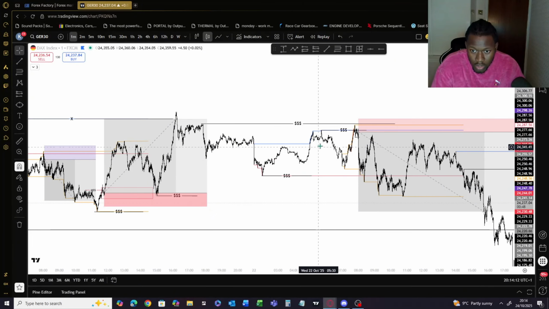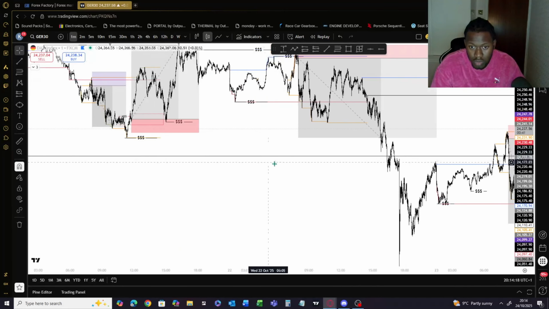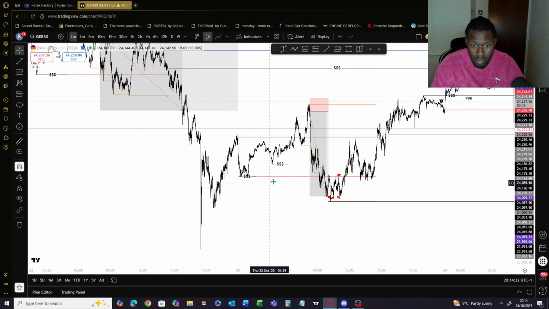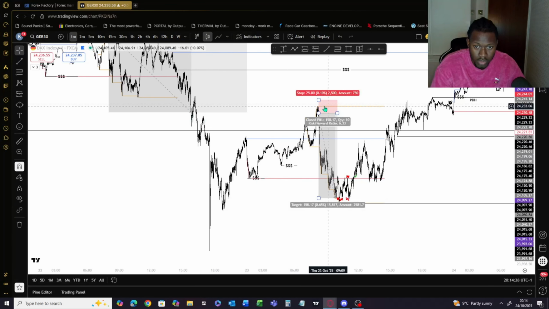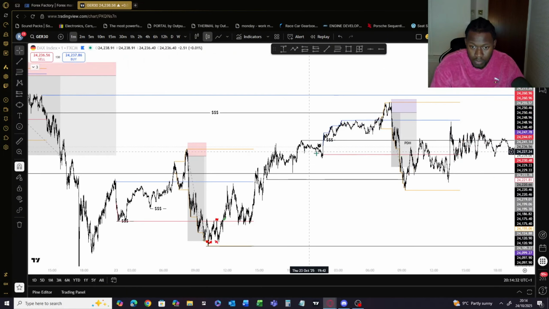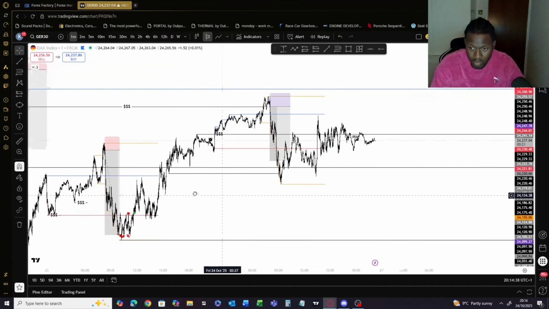Asia highs, Asia lows, test, inducement, sell off. There's nothing much more to say right here as well. Asia lows, Asia highs, we break above, inducement, sell off towards Asia lows. Same again, inducement, sell off.